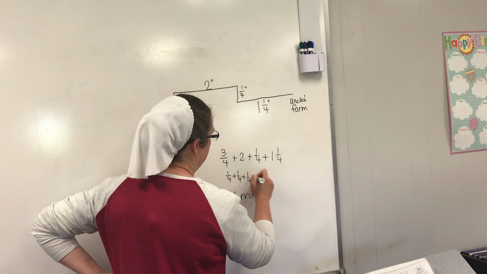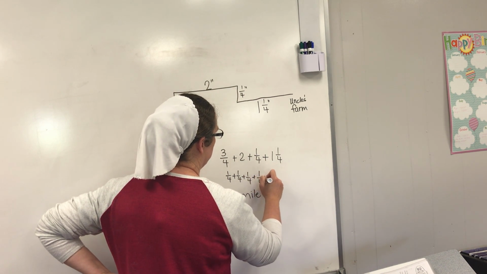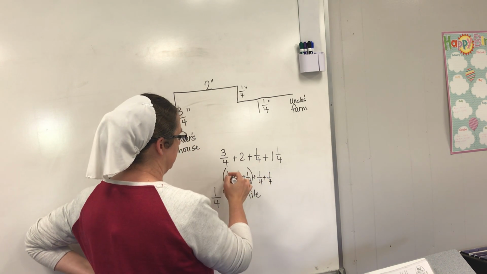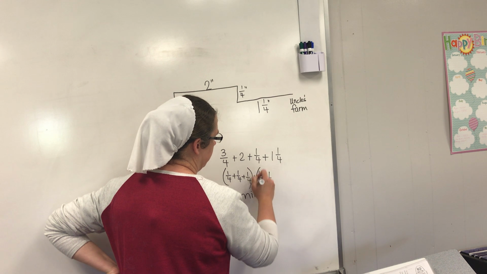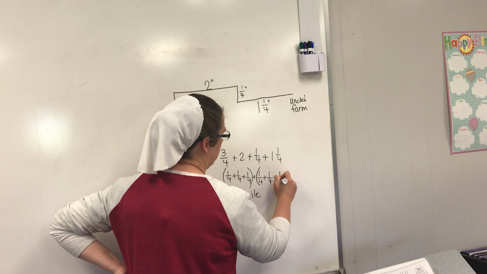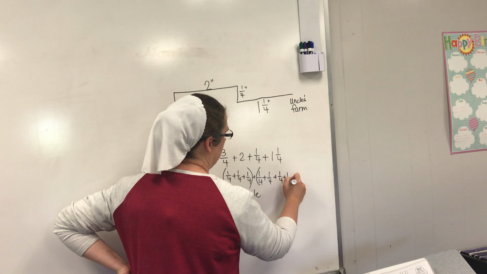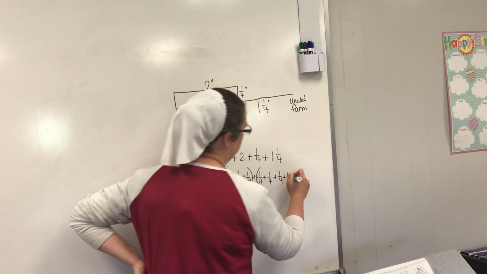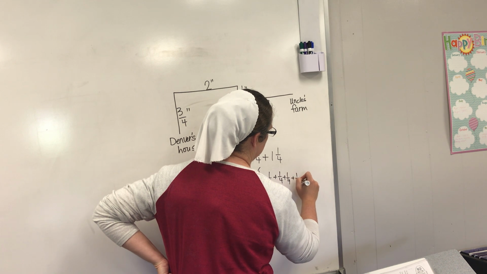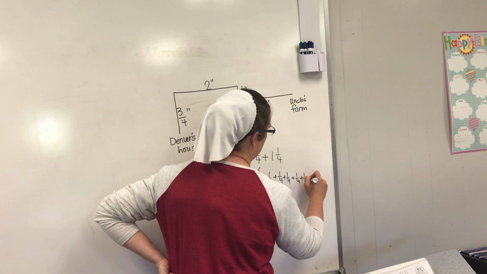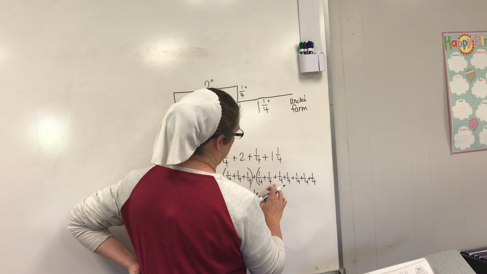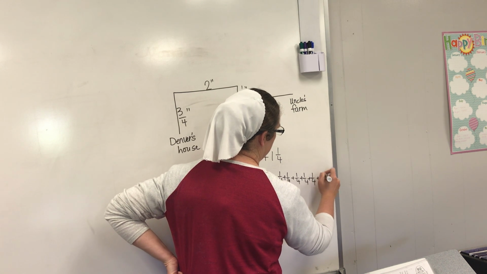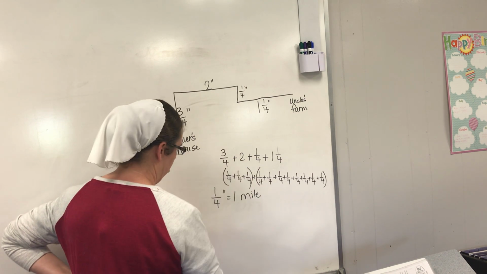I'm going to put parentheses around these because this is for that. That's for 1, but we've got 2, so we need 4 more 1/4: 5, 6, 7, and we need 8. That takes care of the 2.